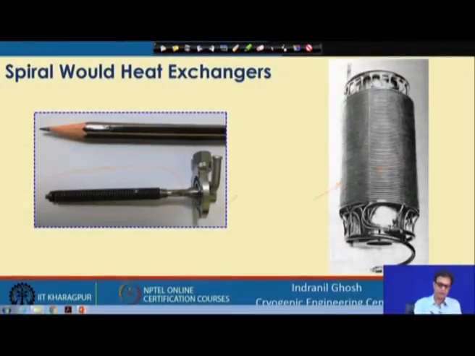So, this is spirally wound on a mandrel as well as having integral fin on top of it. Typically this is called a JT cooler heat exchanger. This is a JT cooler and this is called a Giauque-Hampson heat exchanger. So, we will not go into details of this one at this moment.